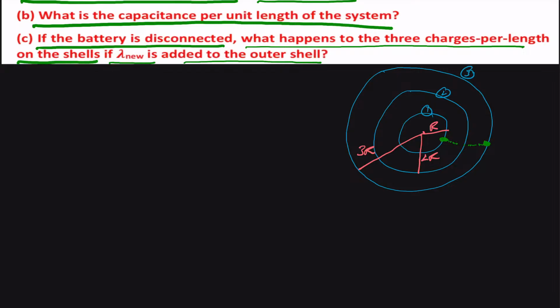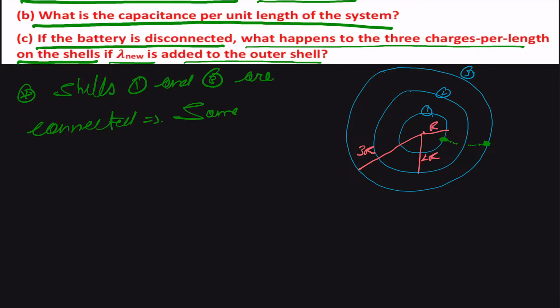A basic connection means they will be at the same potential. Therefore, we can say that shells 1 and 3 are connected, which means same potential, or we can also call them equipotential.